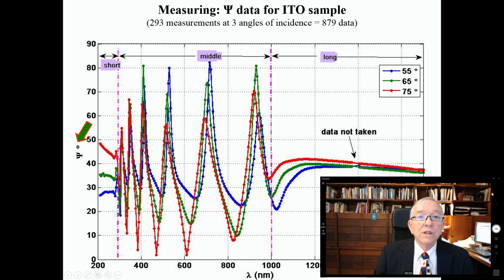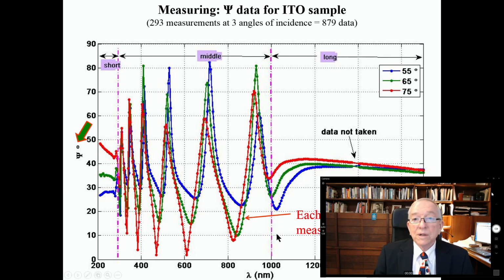You can see that the value of psi ranges from 0 to 90, which makes sense if you think about the prior figure. It's different for the different angles of incidence, and we hope to take advantage of that in doing a solution. It's quite an interesting looking wiggling curve.